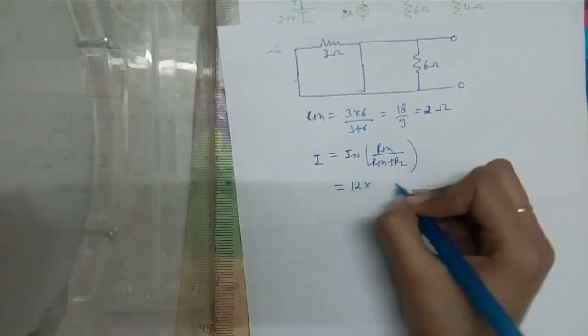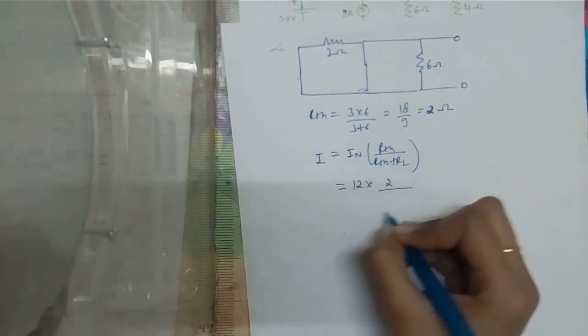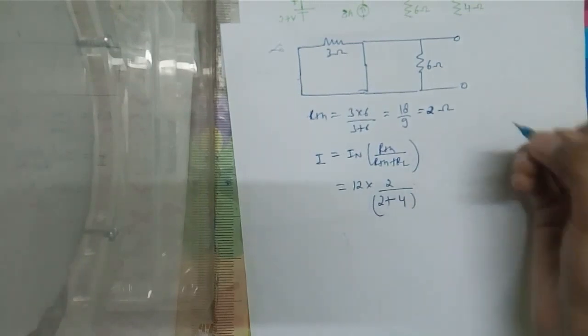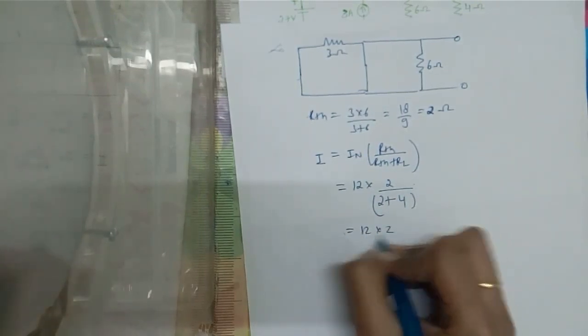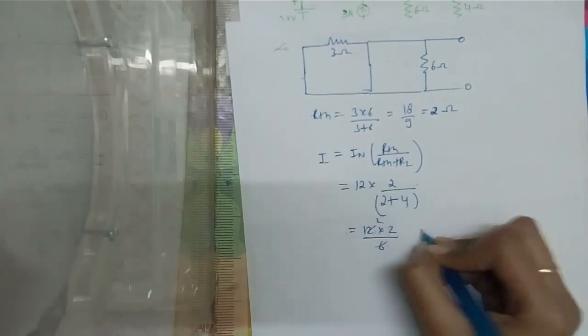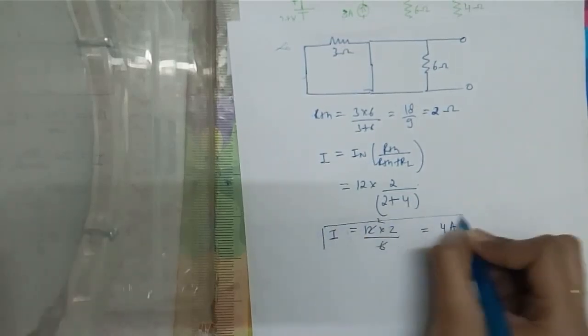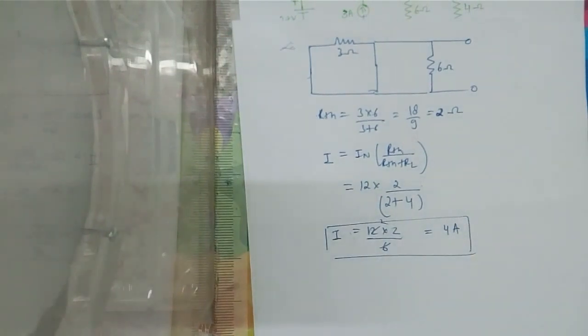So it's 12 into 2 upon 2 plus the load resistance, which was 4 as mentioned in the question. So it comes up to 6. That's 4 amperes, which was the answer that we have already seen while solving the same question through Thevenin's theorem as well. So thus we verified the answer this time.